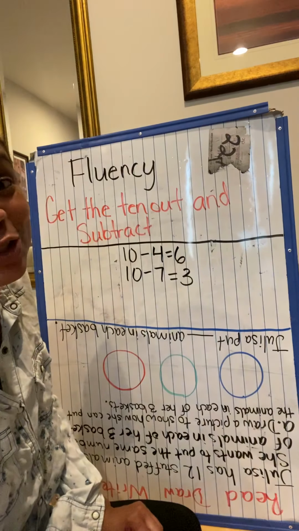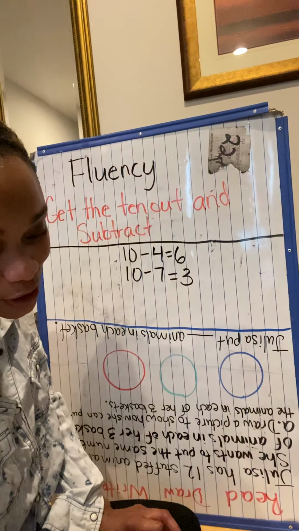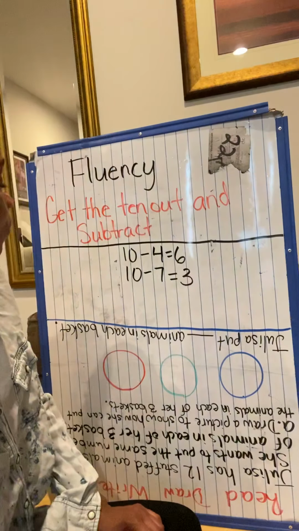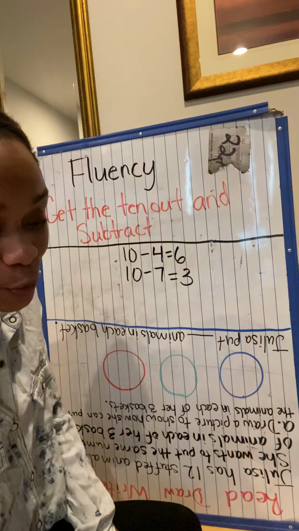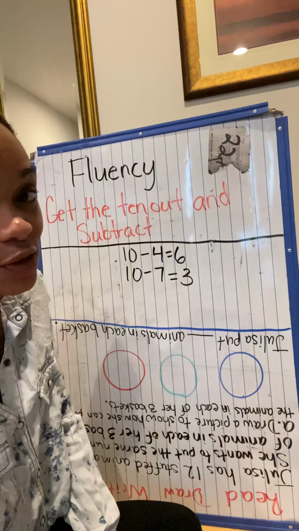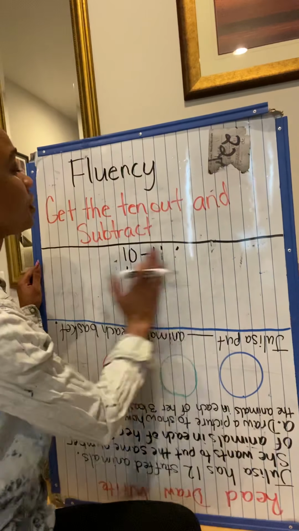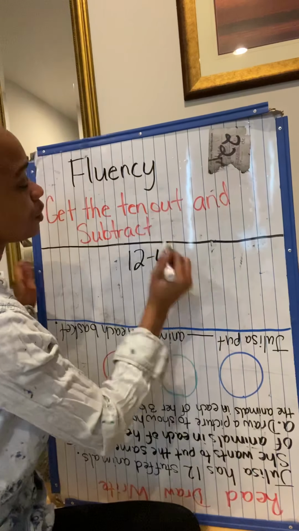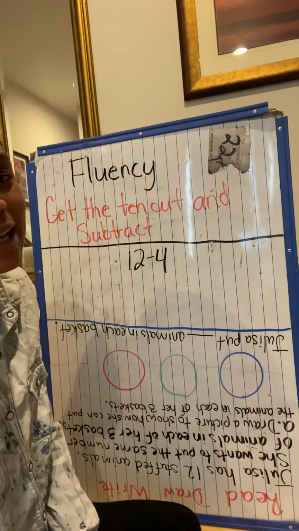Now that you're doing such a great job with subtracting the ones from the tens, we're going to go ahead and add the ones back. So instead of just saying 10 minus 4, we're going to say 12 minus 4, and you're going to take from the 10. So now our new problem is 12 minus 4. Go ahead and take from the 10.